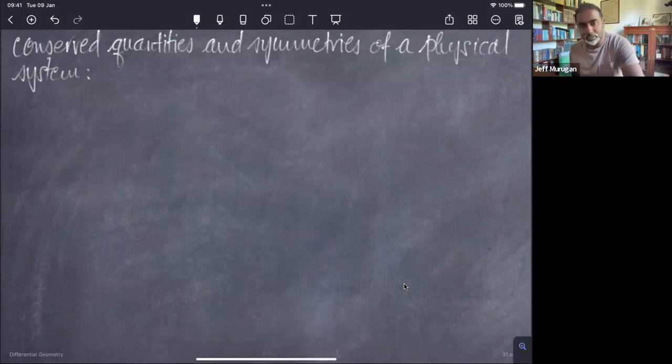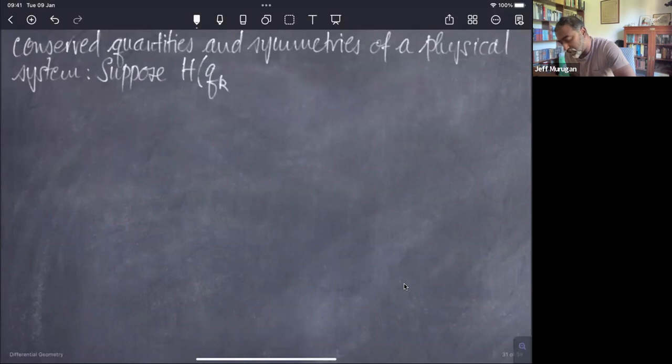Suppose I have some Hamiltonian, H(q_k, p_k). And I want to assume that this Hamiltonian is invariant under coordinate transformation. So let's just work with infinitesimal transformations.